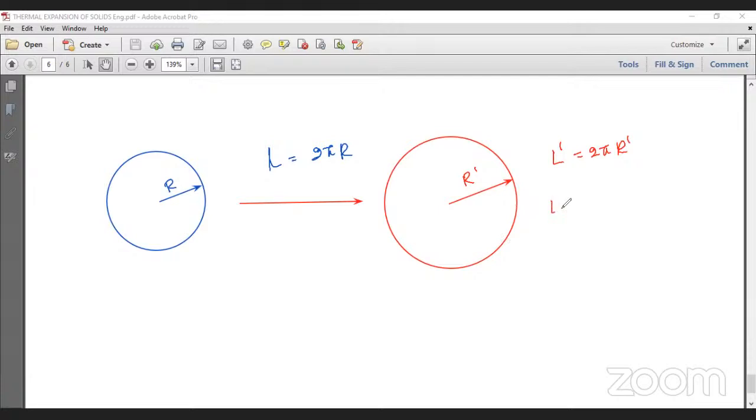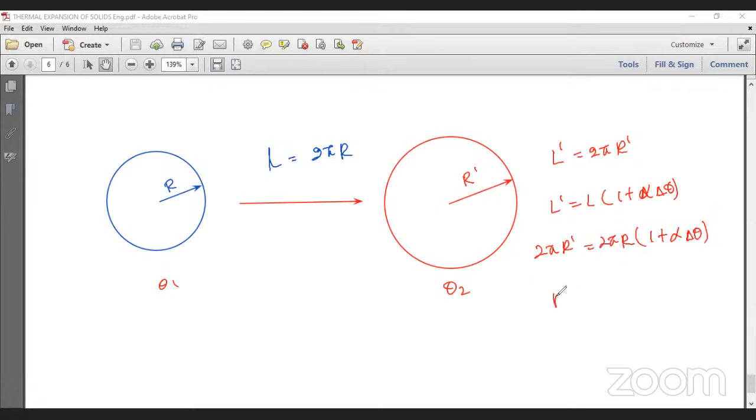If you apply the linear expansion equation, l dash equals l times (1 plus alpha delta theta), so 2 pi r dash equals 2 pi r (1 plus alpha delta theta).